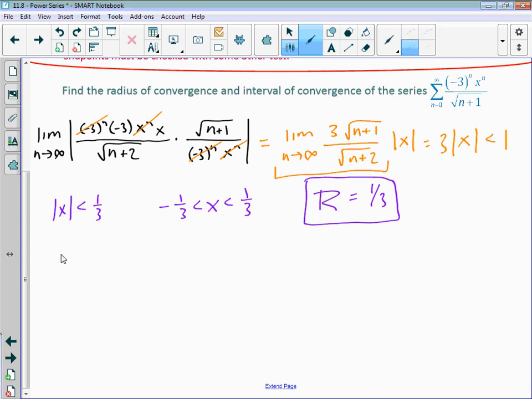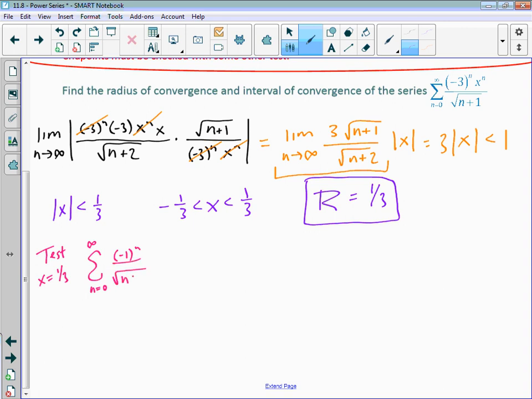Okay, so if we're testing x equals 1/3, that's the one you guys were just doing, right? So we've got n equals 0 up to infinity. And if we plug 1/3 in for the x, this becomes 1/3 to the n times negative 3 to the n, so we get negative 1 to the n, and then it's over this.